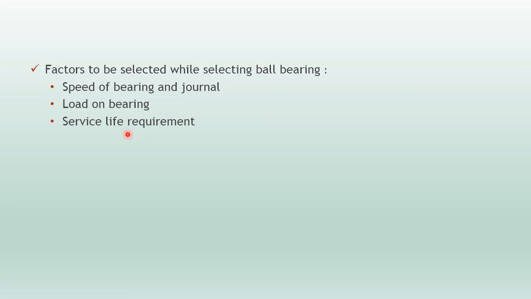Okay, then the another factor you have to consider while selecting the ball bearing is required lubrication, whether it requires lubrication or whether it does not need lubrication. Okay, so it is an important factor for minimizing the friction.